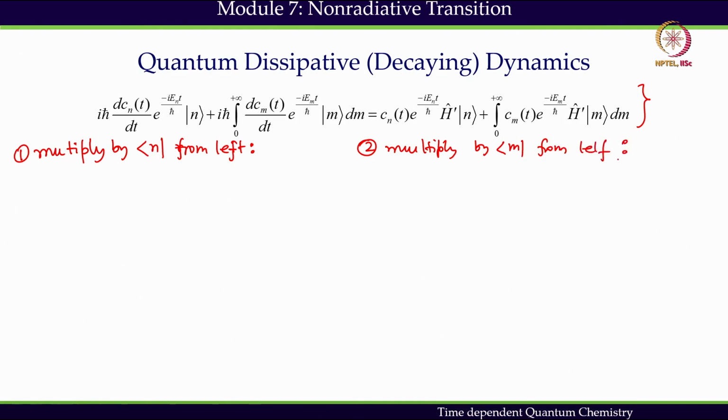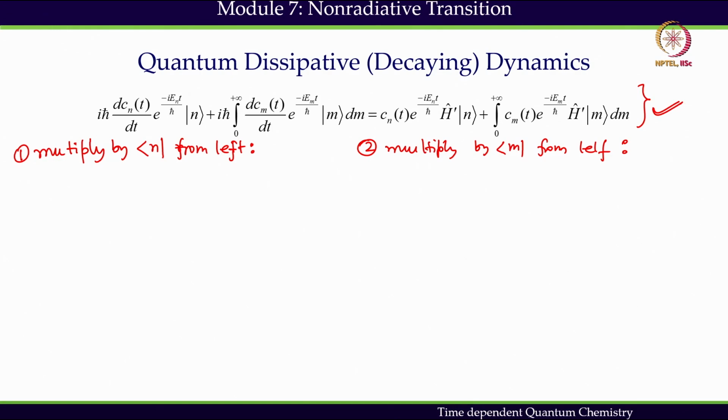These are the two mathematical tricks we will use, and this is something which we haven't done in the time dependent perturbation theory. There we haven't tried to obtain a coupled differential equation, which we are trying to do here. But up to this point the derivation steps are quite similar to what we used in time dependent perturbation theory.